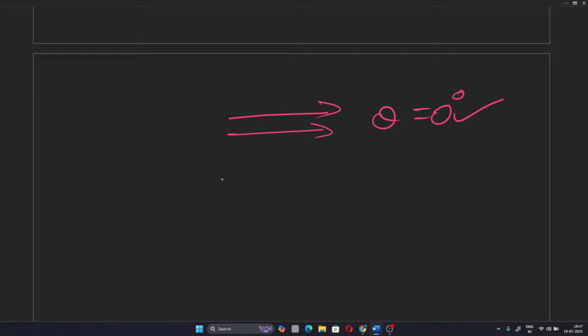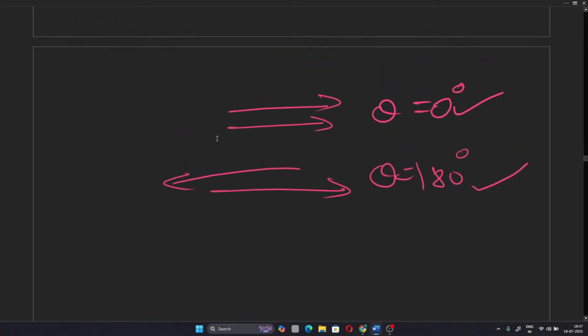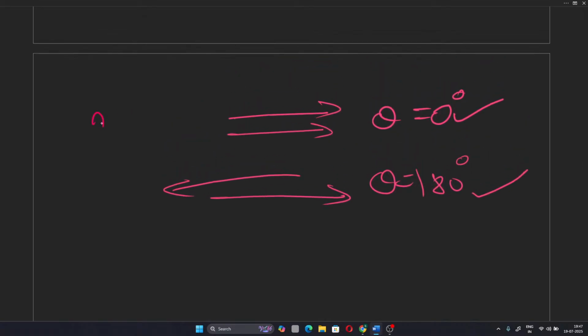So correct. Next is, angle between anti-parallel vectors is 180 degrees. This is also correct. Parallel vectors have the same unit vector, and anti-parallel vectors have opposite unit vectors.